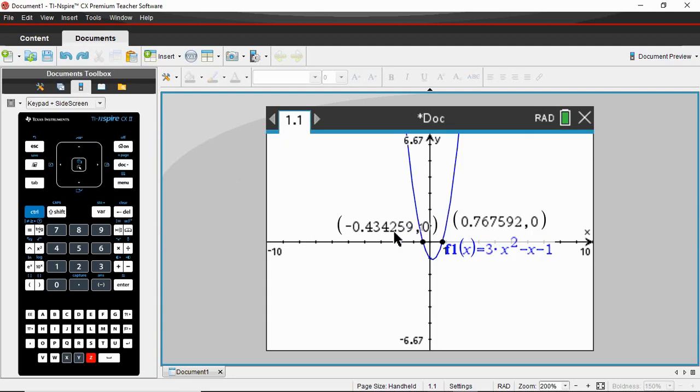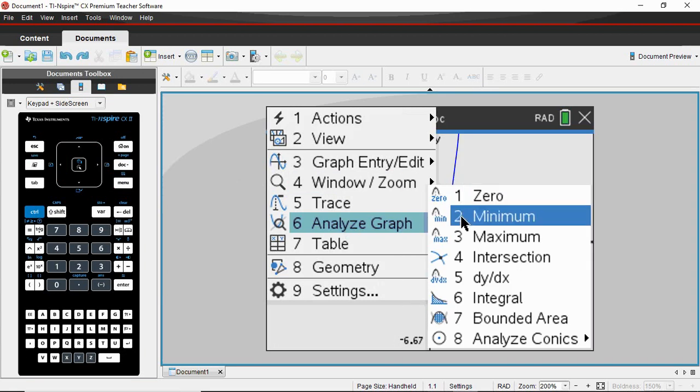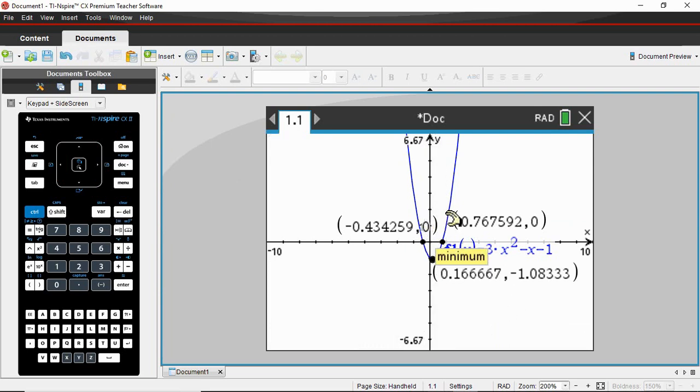And then finally for the vertex, I can analyze graph. The vertex in this case is a minimum value, so I'll put my lower bound to the left of the minimum, scroll to the right, there is my minimum. And those values match what we saw on the previous screen.